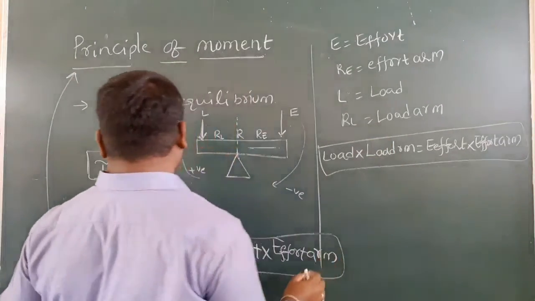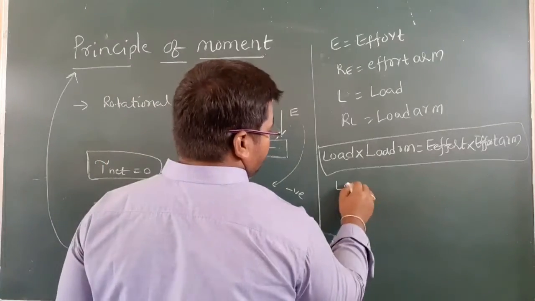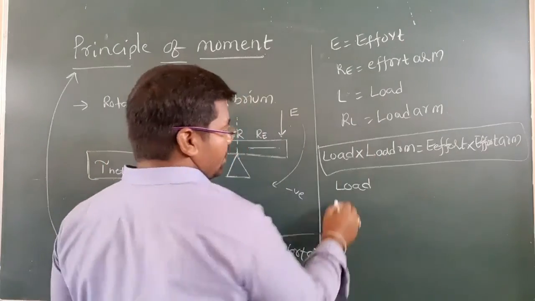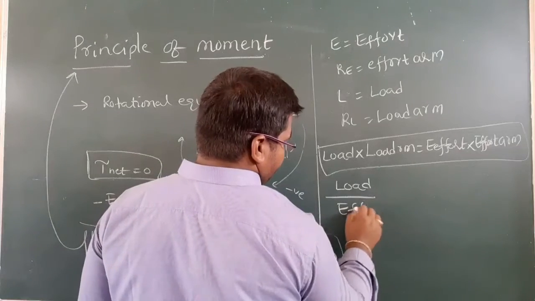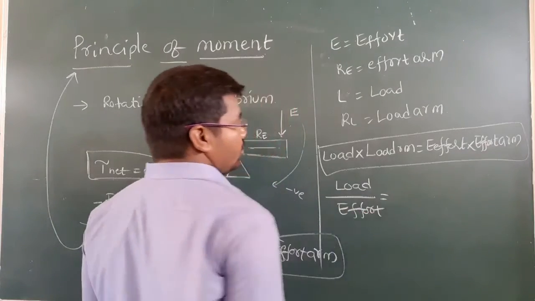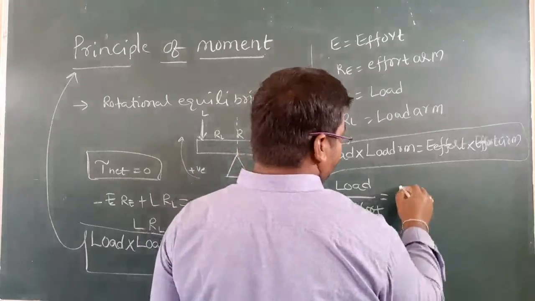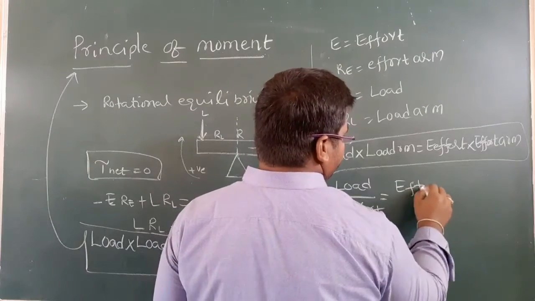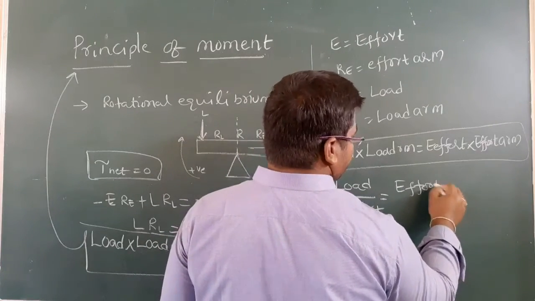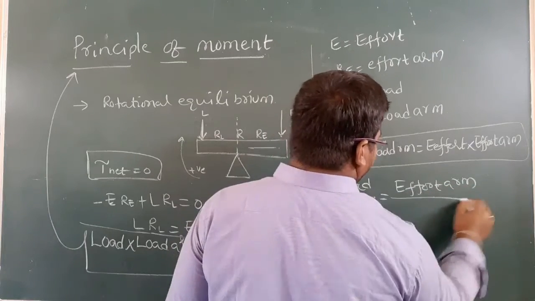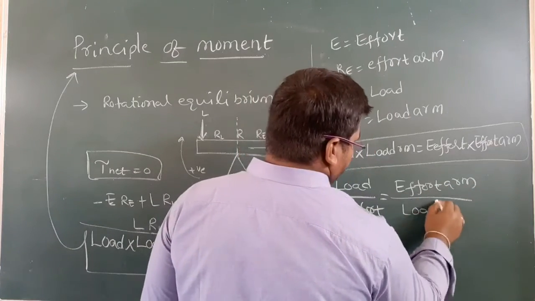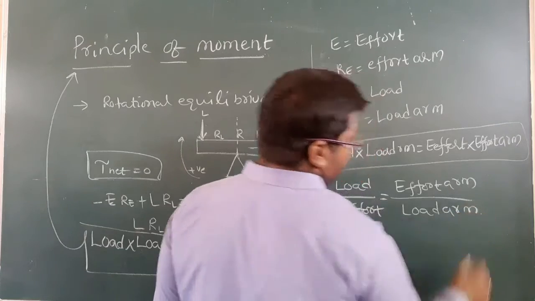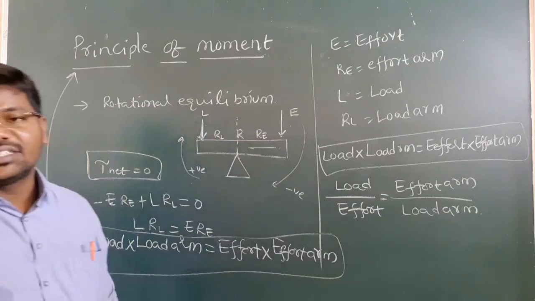So from this we have to write L by E, load by effort, is equal to effort arm by load arm. Understand, my children?